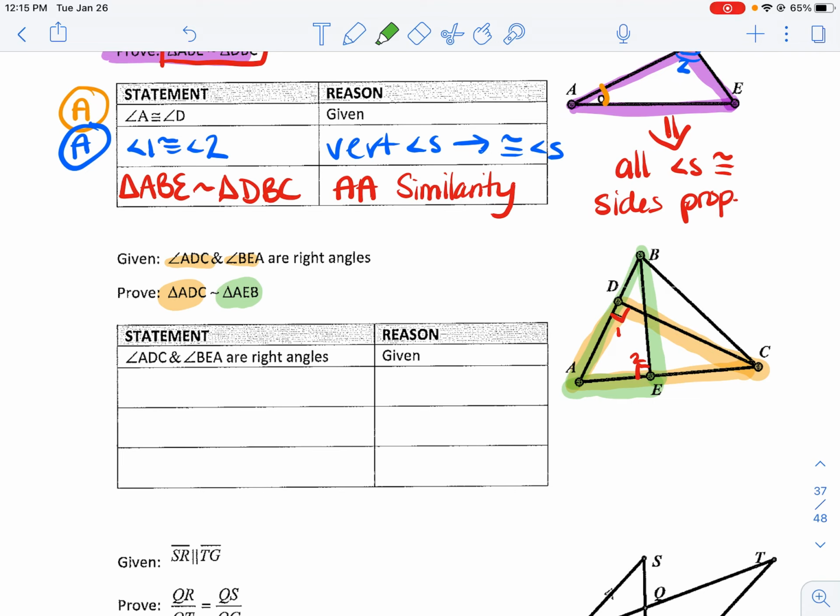First thing we notice is that in these triangles, they both have a right angle. That was our first given statement, so we know that those angles are 90 degrees, they're going to be congruent. So angle 1 is congruent to angle 2. All right angles are congruent. Right, that's just the definition. They all measure 90, so they all have to be the same measure.